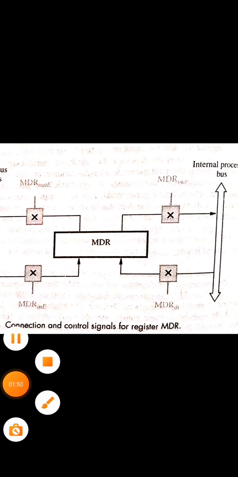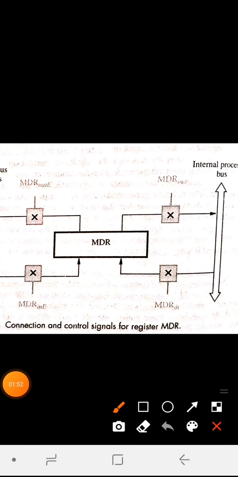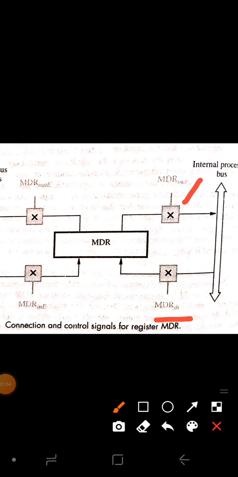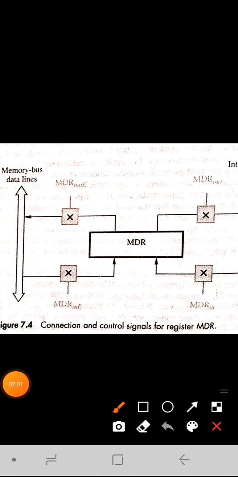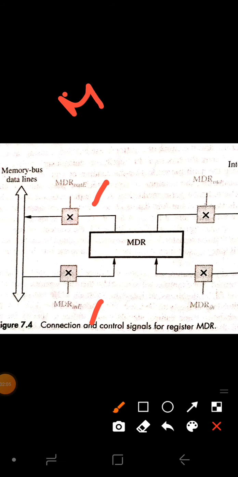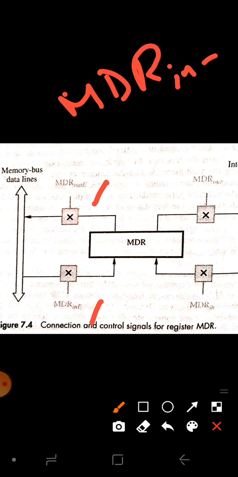You can see here we are using 2 signals, MDR in and MDR out, which control the connection with the internal bus. Similarly, we are using another 2 control signals, MDR out E and MDR in E, which are used to control the connection with the external bus.